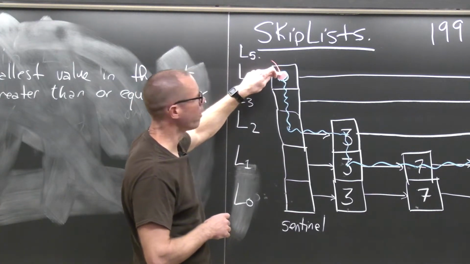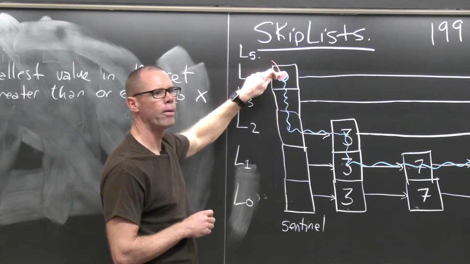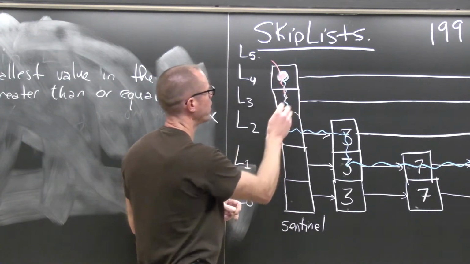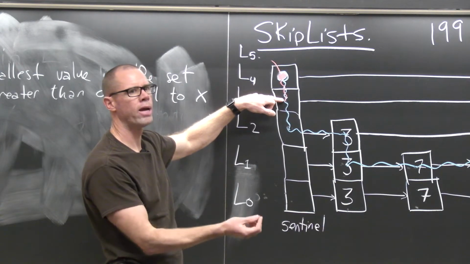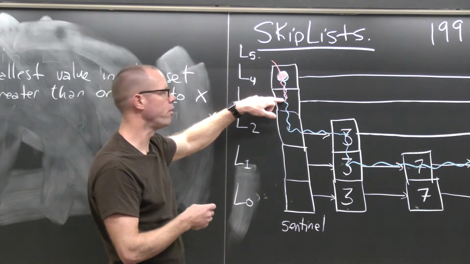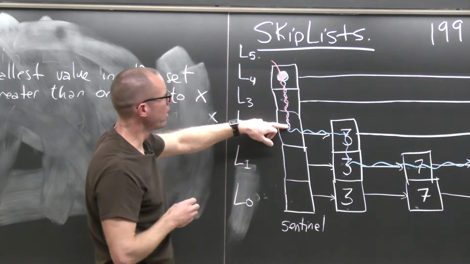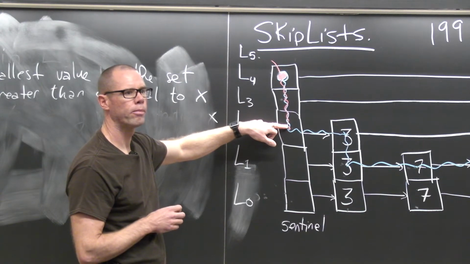So if I'm standing here, I'm looking for 23. Should I move to the right or go down? Down. If I go to the right, that's going to be too far. Here, it's the same situation. If I look to the right, I see something that's bigger than 23, so I go down. Here, if I look to the right, I see 3. Should I go right or down? Right.